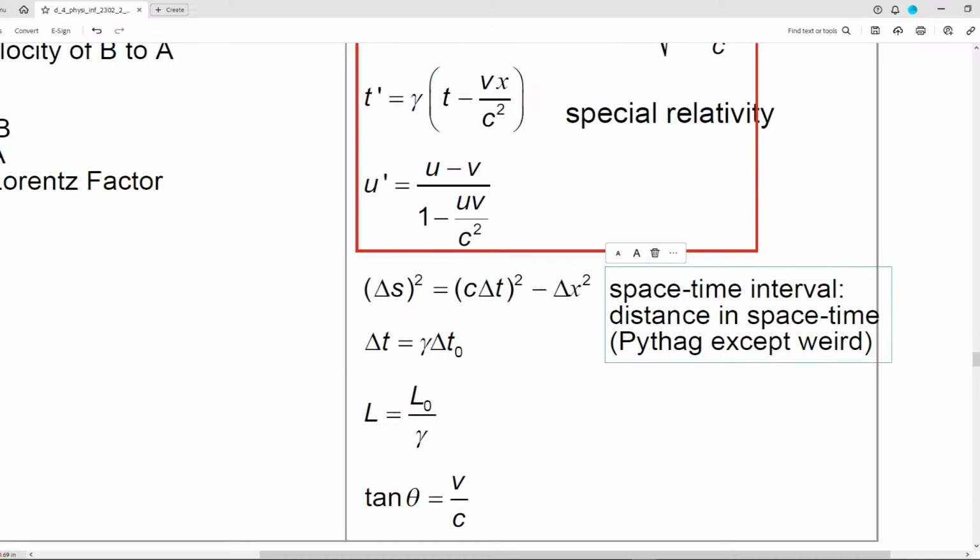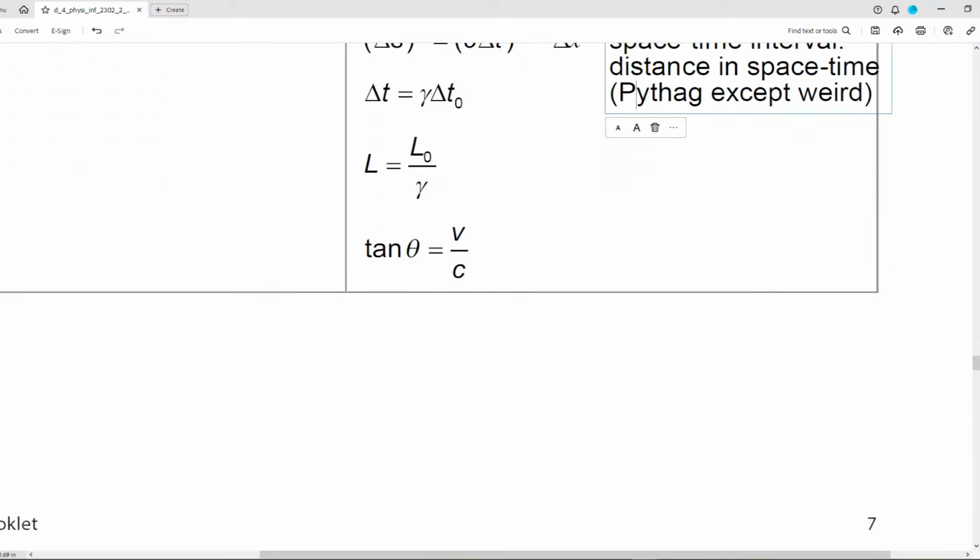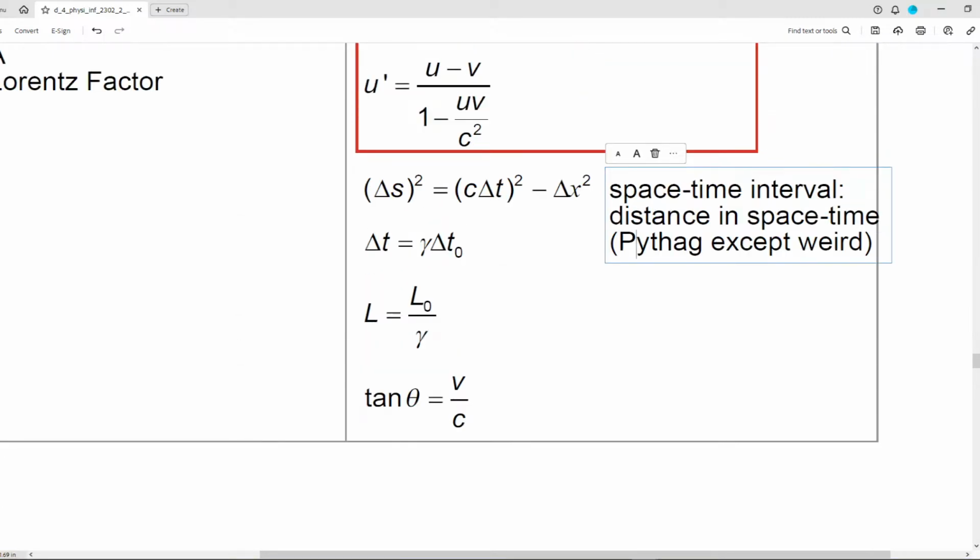What you need to remember. The next are time dilation and length contraction. Let's write it down. Here is time dilation, and the next one is length contraction.